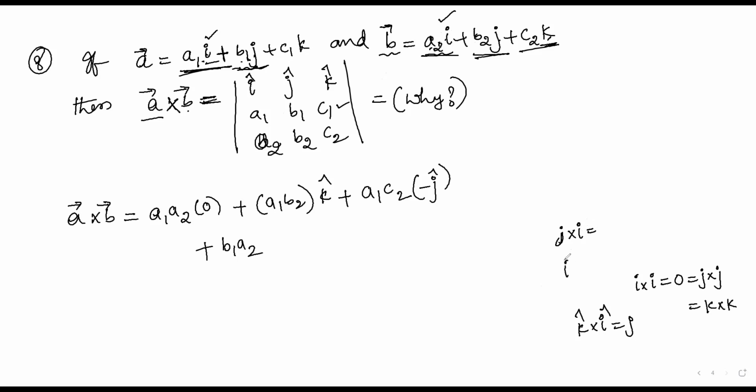I cross J is K cap. J cross I is, so this will be minus K cap. Minus K cap. Following or not? Yes, sir.